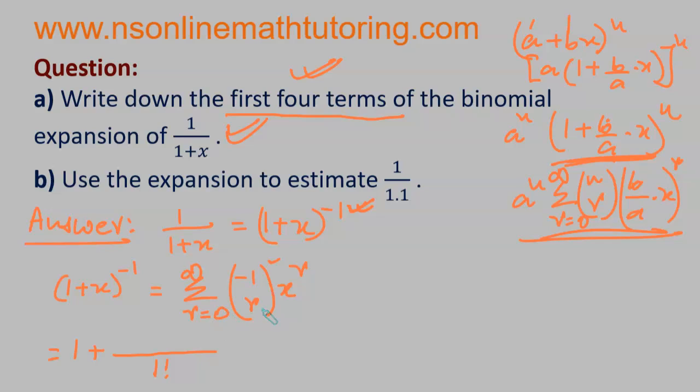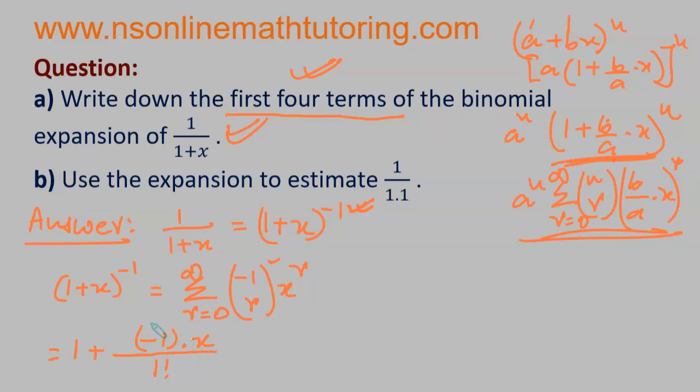And since r is having a value of 1, the numerator will be having only a single factor, that is n, which is -1, and x raised to the power of r, that is x raised to the power of 1, which is equal to x.